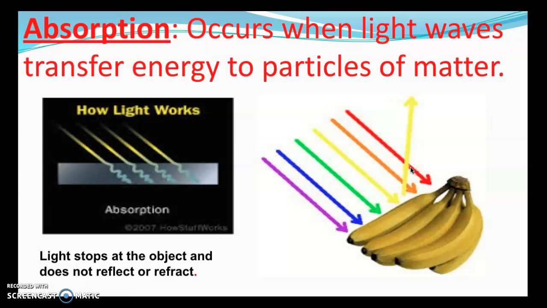So let's backtrack then. Where does that yellow light come from? Is the banana glowing yellow? Is it producing its own yellow light? Obviously not, right? So think about that. Is it a light that's in the room or the sunlight that's bouncing off the yellow banana? Okay, that makes more sense.